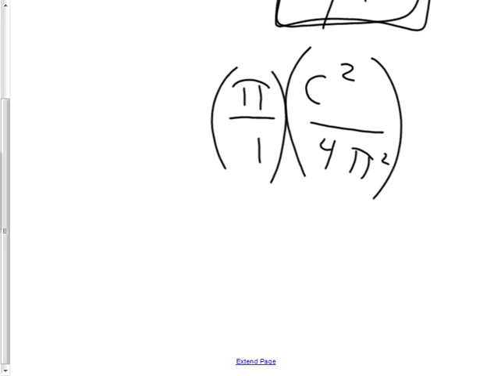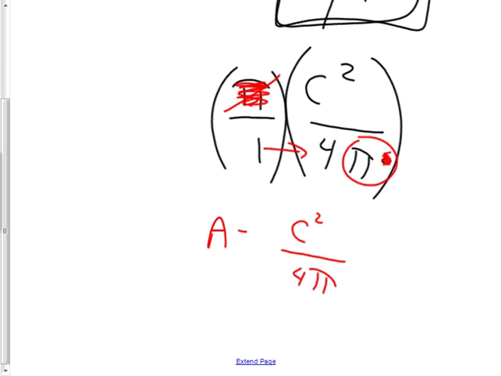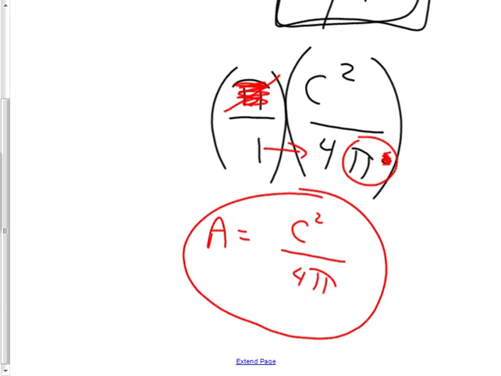So I can cancel this pi and one of these pi's, since pi squared is really a pi times a pi. Then that gets the squared off of there. So c squared over 1 times 4, as I'm multiplying across the bottom. 1 times 4 is 4, of course, so 4 pi. And there's my answer. A equals c squared over 4 pi.